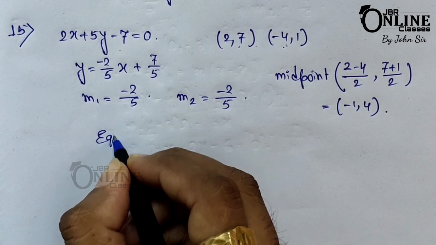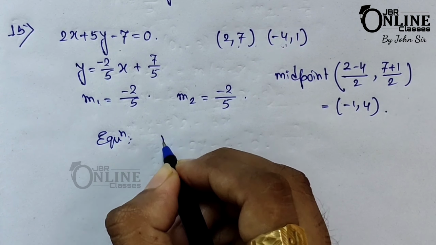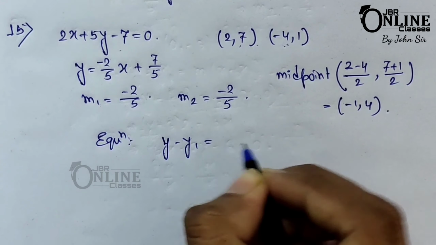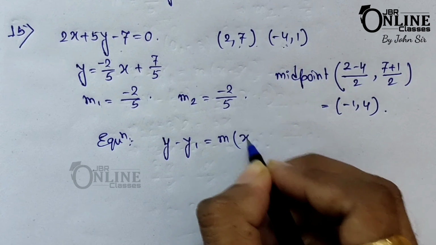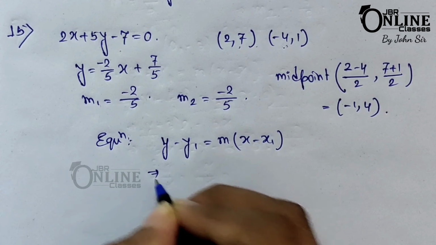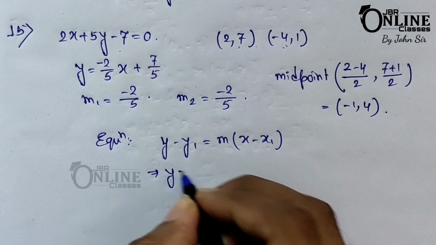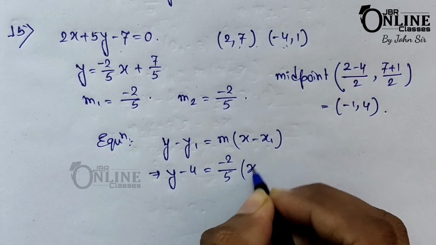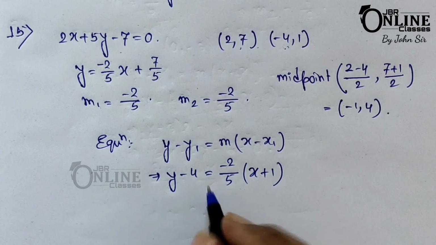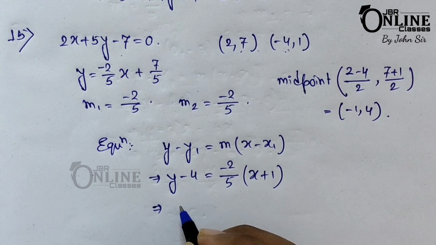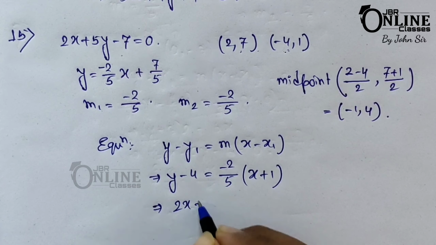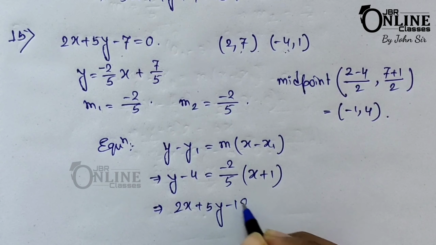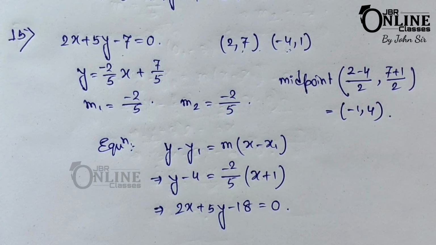Now you have to find out the equation. So the formula is y minus y1 equal to m into x minus x1. Here y1 equal to 4, so y minus 4, m equal to minus 2 by 5, and then x minus minus 1, so x plus 1 it will be. So the final answer will be 2x plus 5y minus 18 equal to 0.